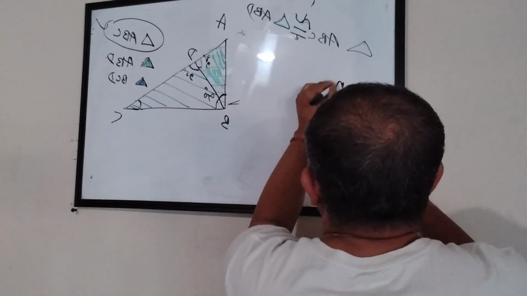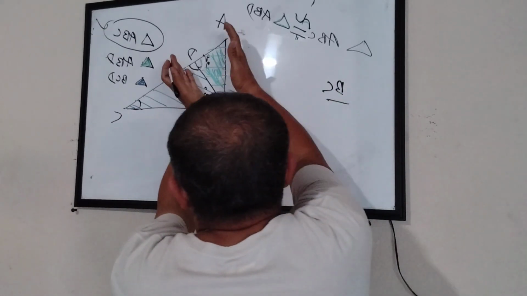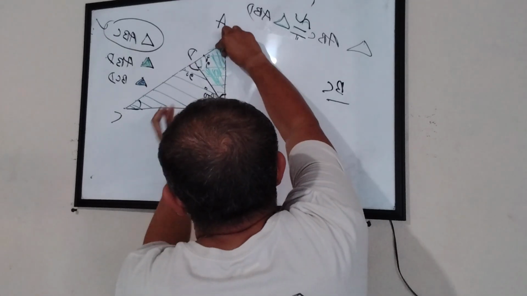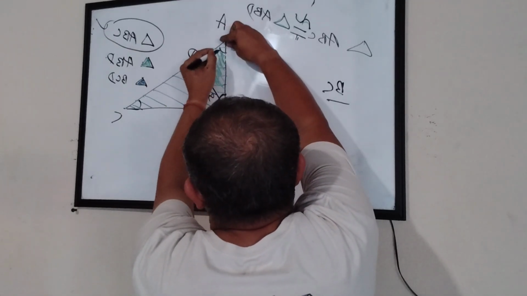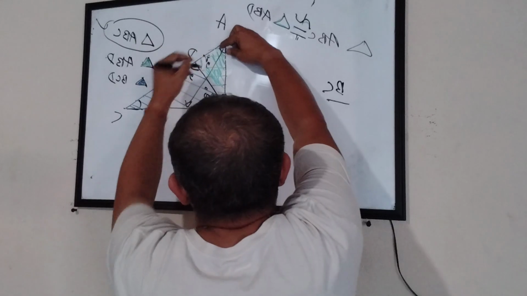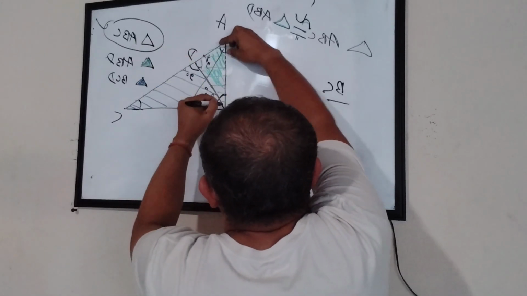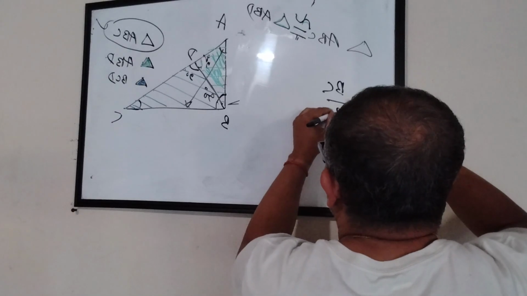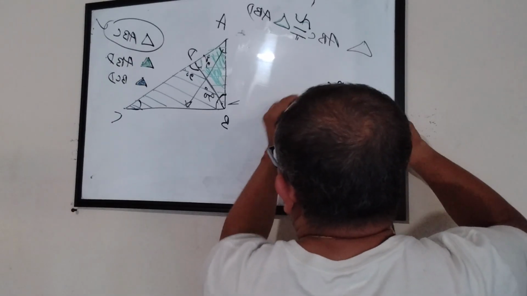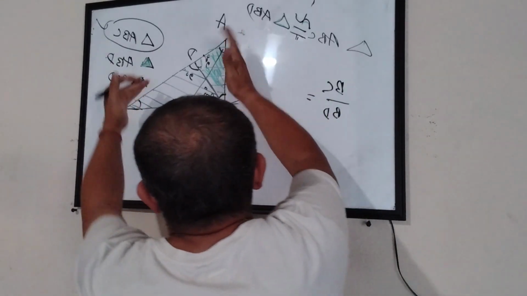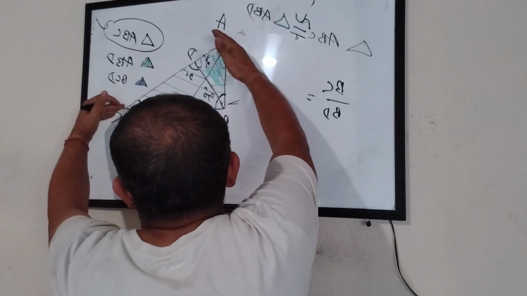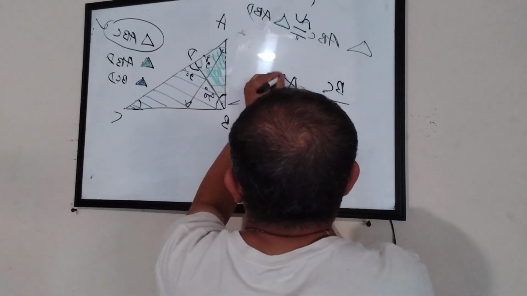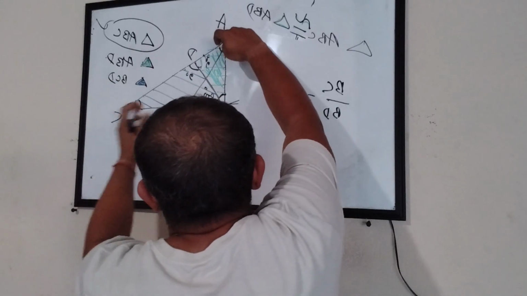So, BC divided by this small triangle. This is the common and matching angle, right? This side will apply to this angle and this angle is common anyways. So, BC by BD will be equal to, let's take the second side, the hypotenuse of this one, which is AC divided by, what is the hypotenuse of this one?